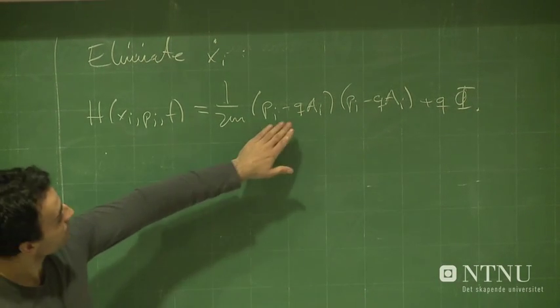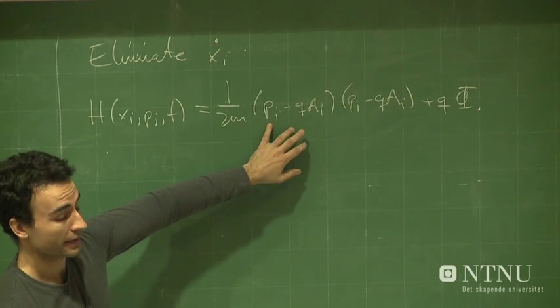And we get this, where now p_i is the canonical momentum.